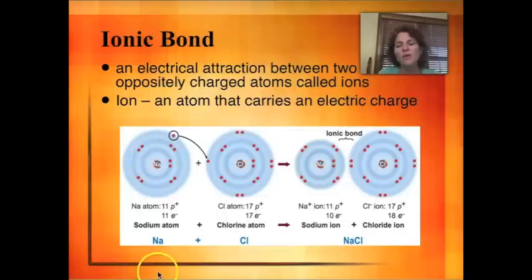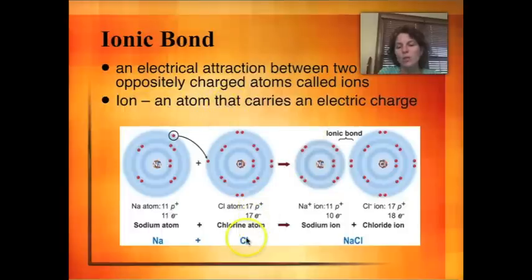So sodium here has one electron in this very outer orbital. That makes it very unstable. So oftentimes that electron will cleave off of the actual sodium atom. And then that makes the sodium have a slightly positive charge, and then it becomes an ion.